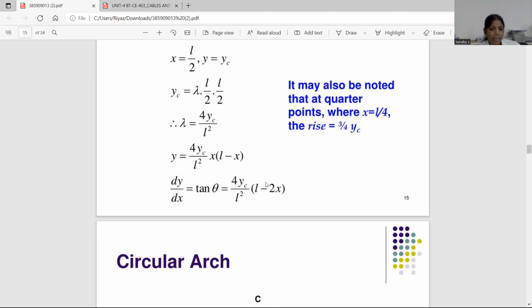Lx differentiates to L, and minus x squared differentiates to minus 2x. So substituting, dy by dx, the tan theta, equal to 4yc divided by L squared into L minus 2x.